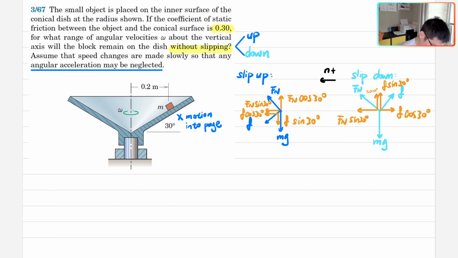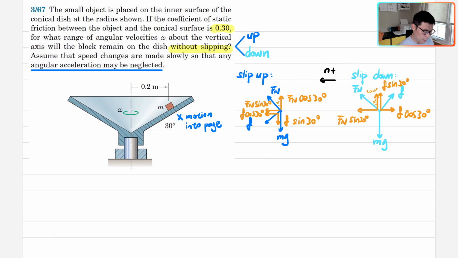Where is your 30 degrees? This is the 30 degree. You should be able to find that from the diagram, from the geometry over here. So when you draw this, this will be a 30. Okay, that's our free body diagram.